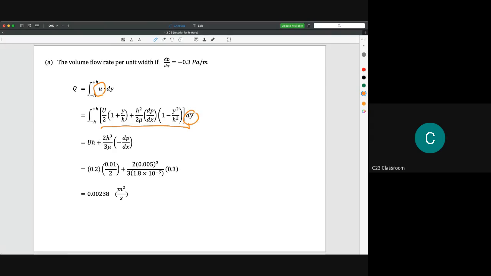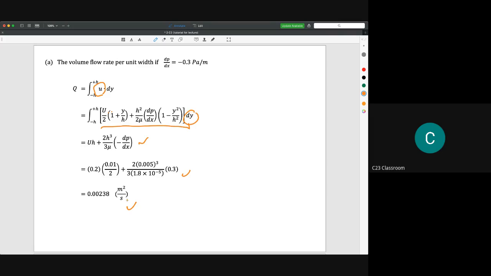You can do this because u over 2 times 1 is a constant. So we have another y, and then we substitute H and minus H to give the minimum and maximum location. Then we can substitute the values, and we get around 0.00238 meter square per second.